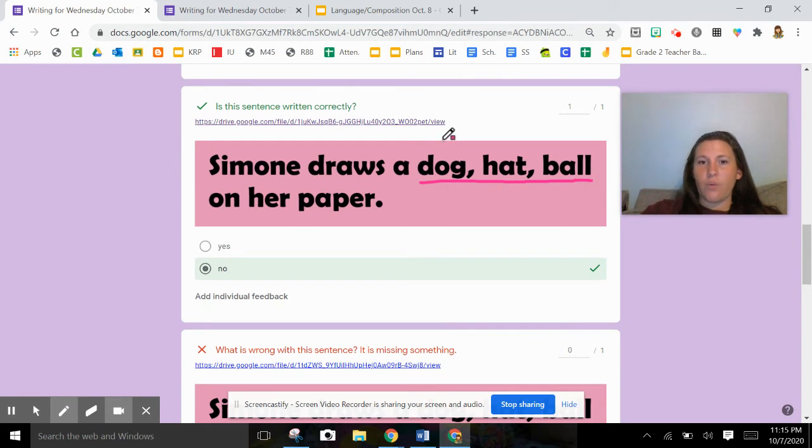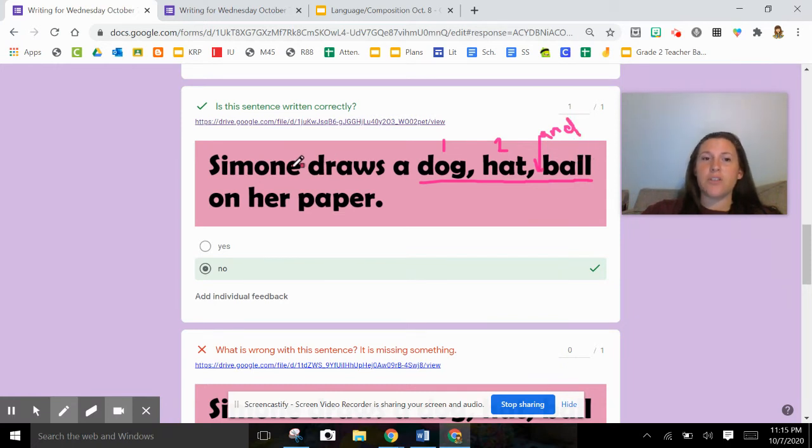So let's see. We've got 1, comma, 2, comma, and. Is there an and in that? No, there's supposed to be one right there. There needs to be an and. Ooh, that was written very sloppy. And ball.